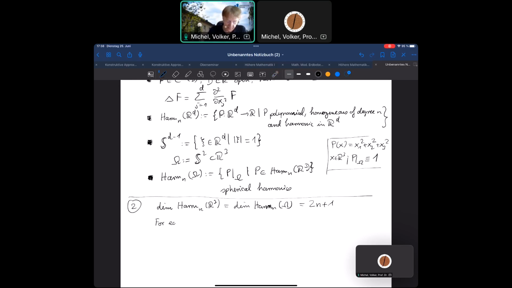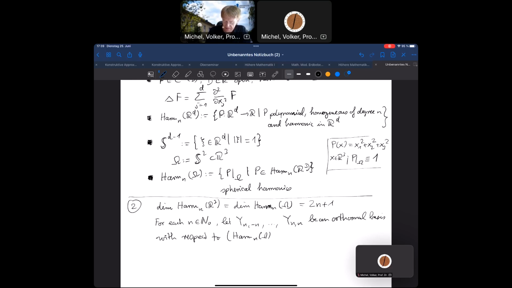For each n in N naught, or each non-negative integer, let Y(n,-n) up to Y(n,+n) be an orthonormal basis with respect to Harm(n) in Omega, with the L2 inner product. Now let's clarify what this means.